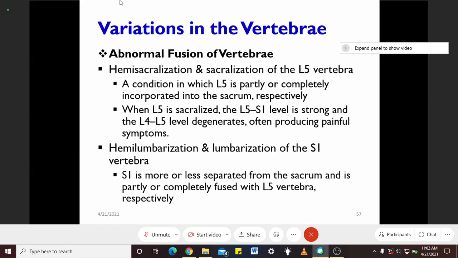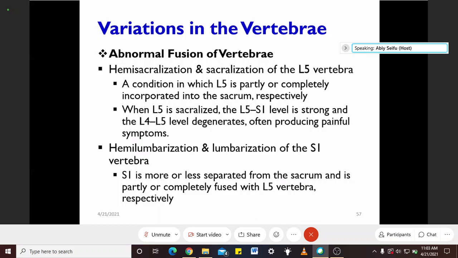Such types of fusion are called abnormal fusions of vertebrae, and it may be sacralization or lumbarization, based upon the location of the fusion. It is sacralization if the last lumbar vertebra is fused together with the sacrum.